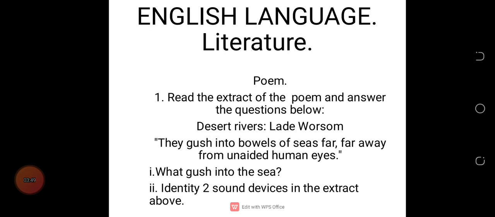These are some of the sound devices we learned about. So when you look at the extract from the poem above, you are to identify two sound devices, and I'm sure this wouldn't be difficult for you to do.